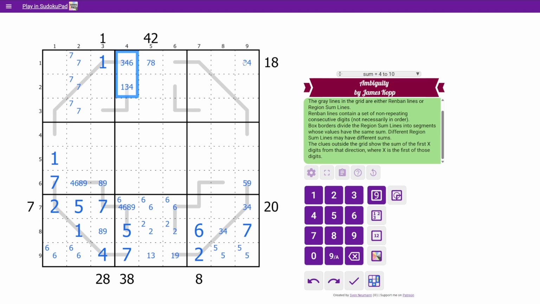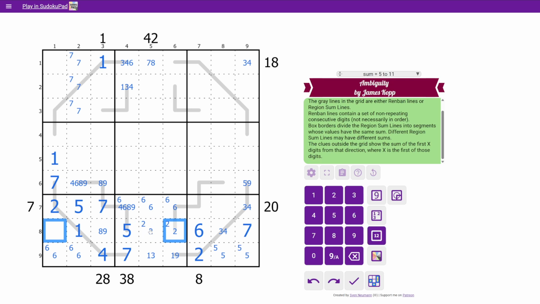If this was a 3, 4, it would be that, wouldn't it? Interesting, interesting. Where does 8 go in this row? This row here. It goes in one of these 3 boxes. I guess that's not too strange.